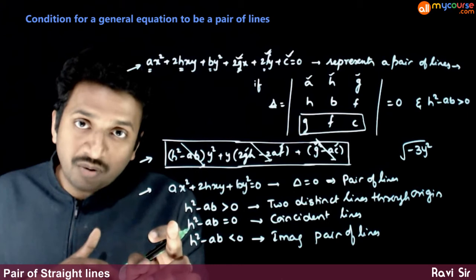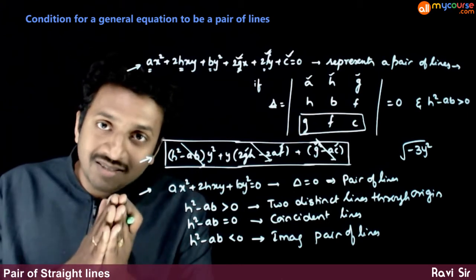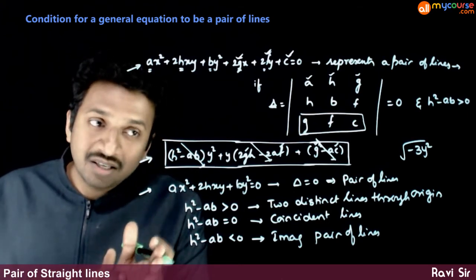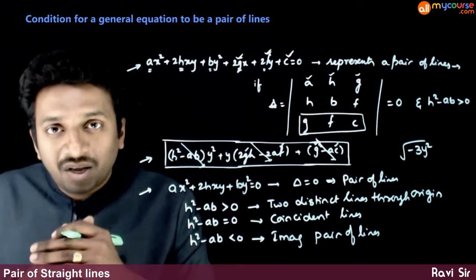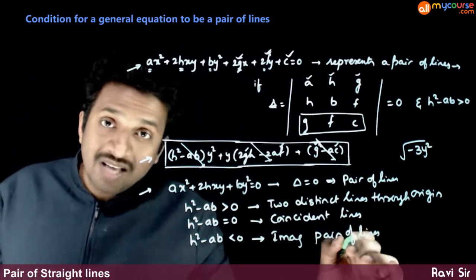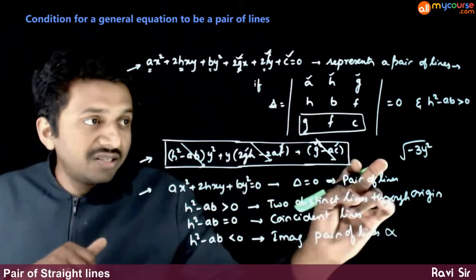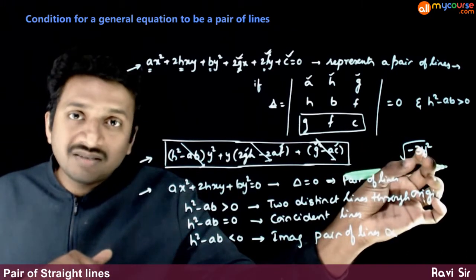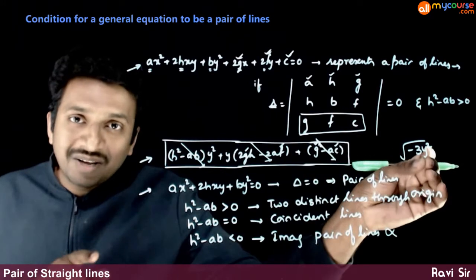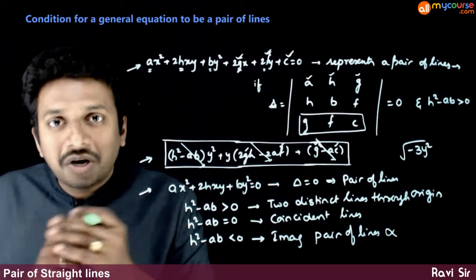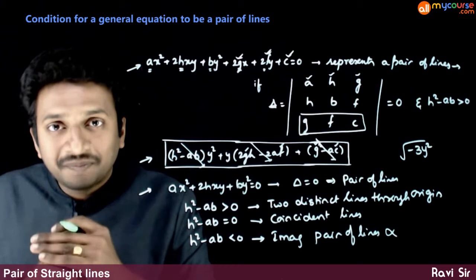If h square is equal to ab, coincident lines, and if h square minus ab is less than 0, an imaginary pair of lines. Remember, imaginary pair of lines means there are no lines, because inside the square root you get something like minus 3y square, so you get an i with y. That is not a line.